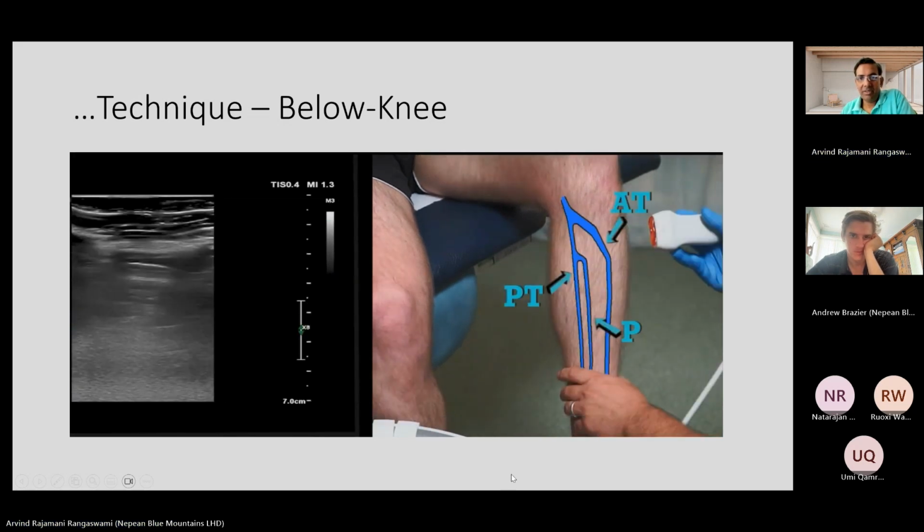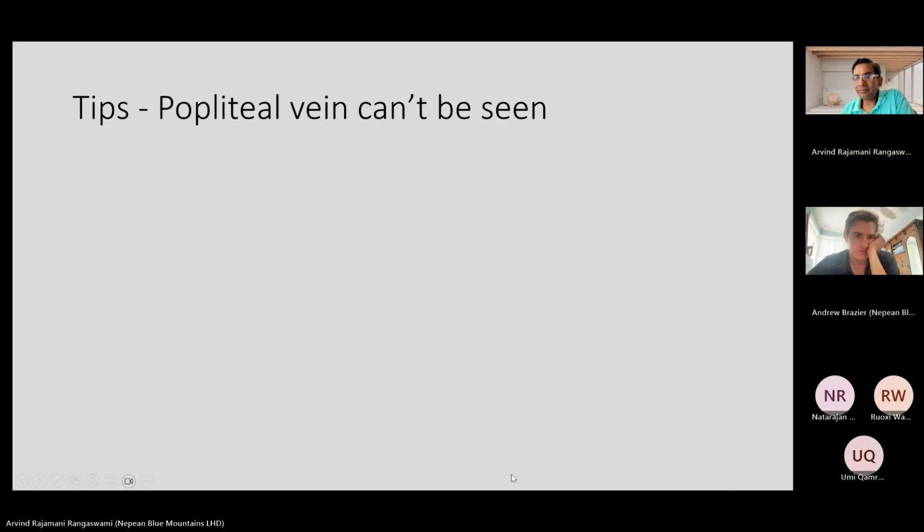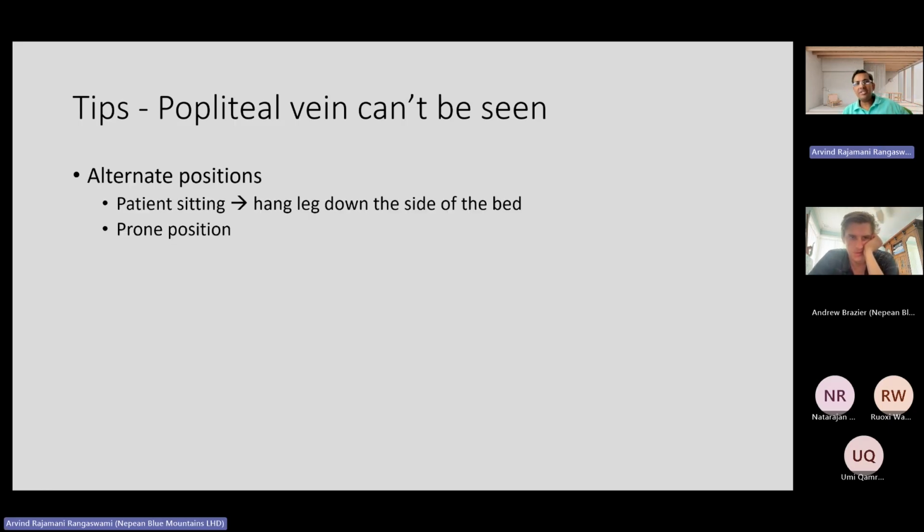Okay. Any questions? Okay. What are the problems when you cannot see the popliteal vein? When you're in the popliteal fossa and you just cannot see the popliteal vein, it is mostly because you have done something called auto compression. Remember that the compression of the popliteal vein is from a posterior to anterior direction.